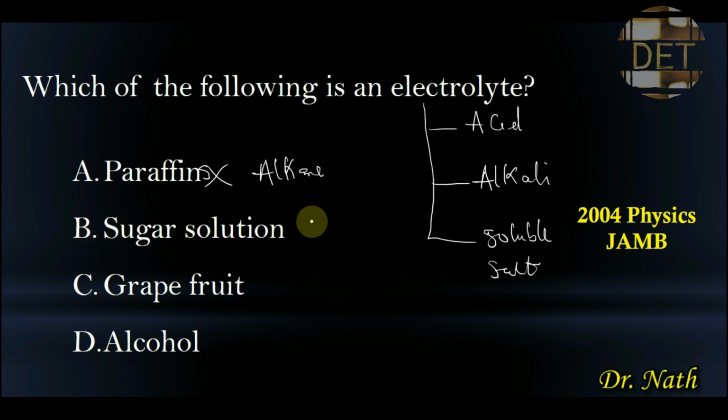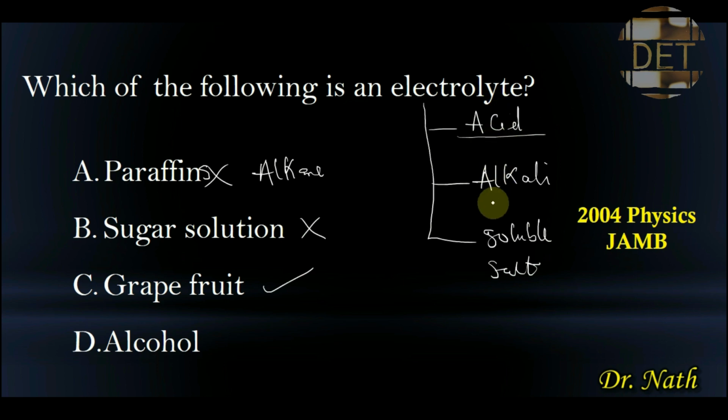Is it sugar solution? It is not sugar solution. Sugar solution, as we've discussed before, is an example of a non-electrolyte. So it will not conduct electricity and it will not be decomposed at the electrodes during electrolysis. Is it grapefruit? Yes, it is grapefruit, because grapefruit is composed of acids. There are acids inside a grapefruit.